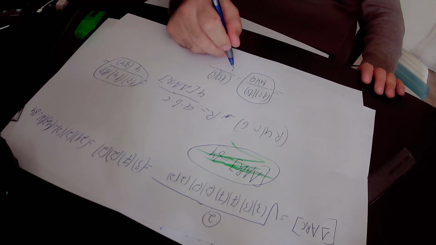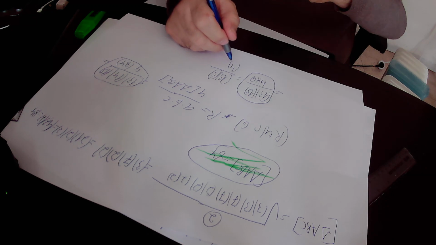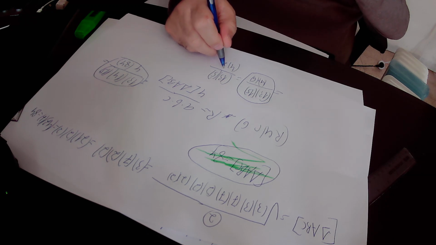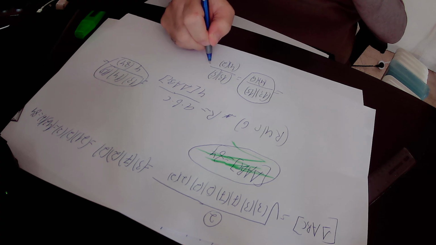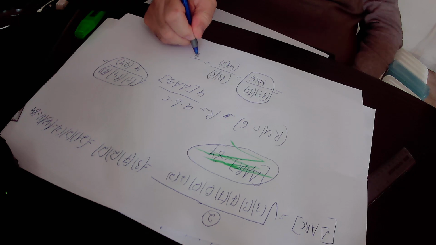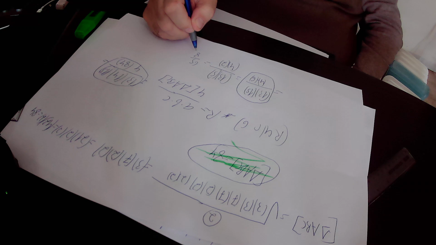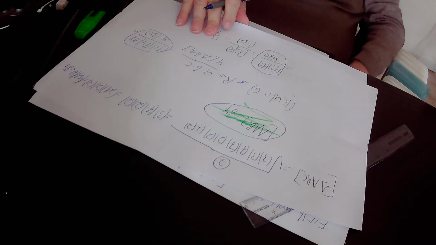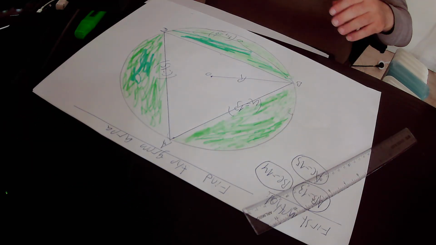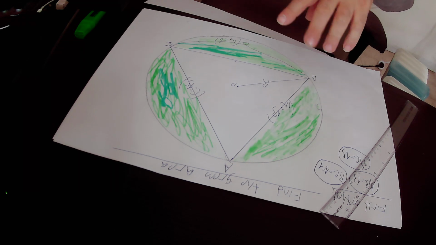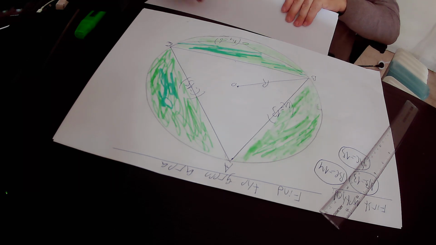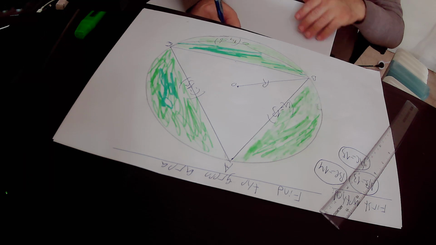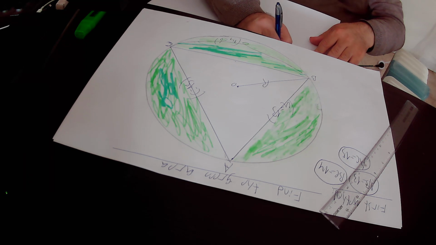In the denominator, 4 times 6 over 3 is 2, so we are left only with 4 times 2. 4 times 2 is 8, and 13 times 5 is 65. In conclusion, we found out that the radius R of this circle that blocks the triangle ABC equals 65 over 8 units.